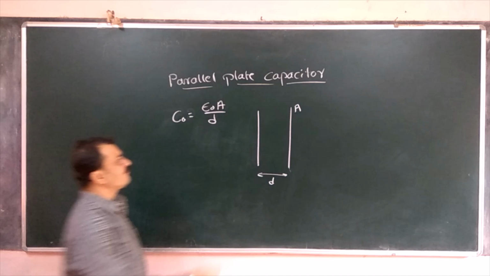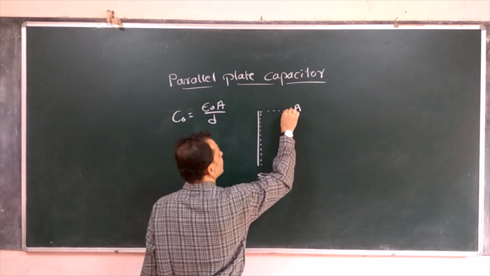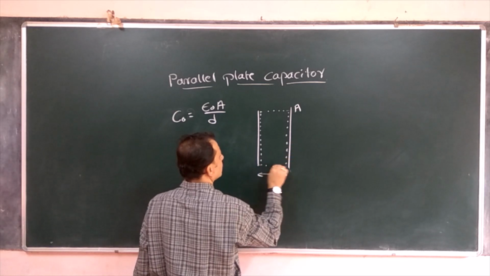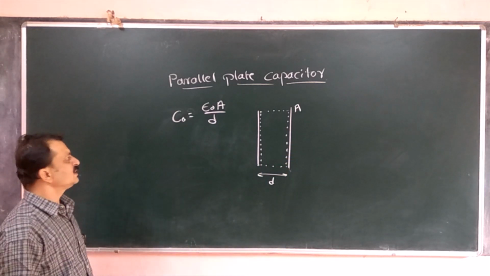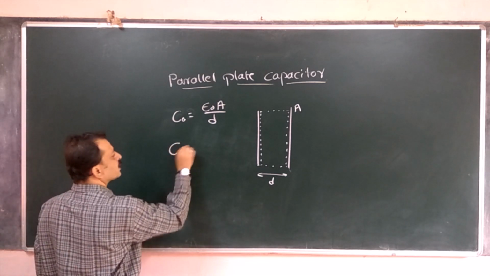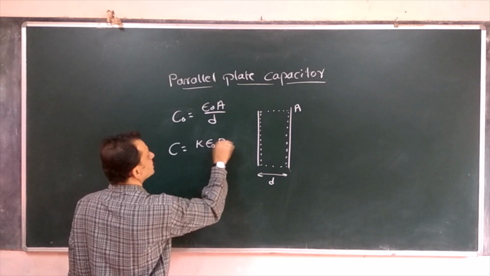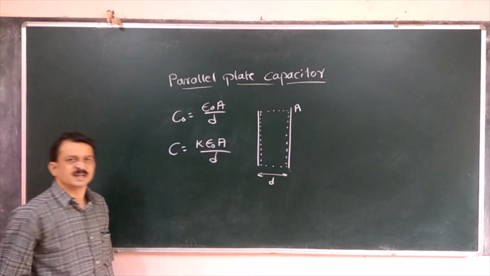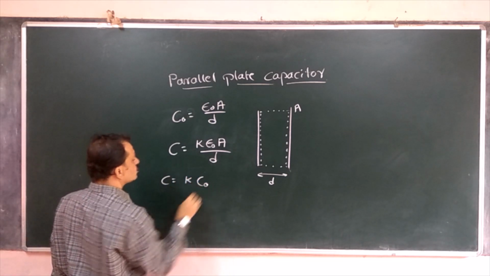Now if I place a dielectric medium which covers the entire space between the two plates, then the capacitance becomes C is equal to K epsilon naught A divided by d. Therefore capacitance C is equal to K into C naught.